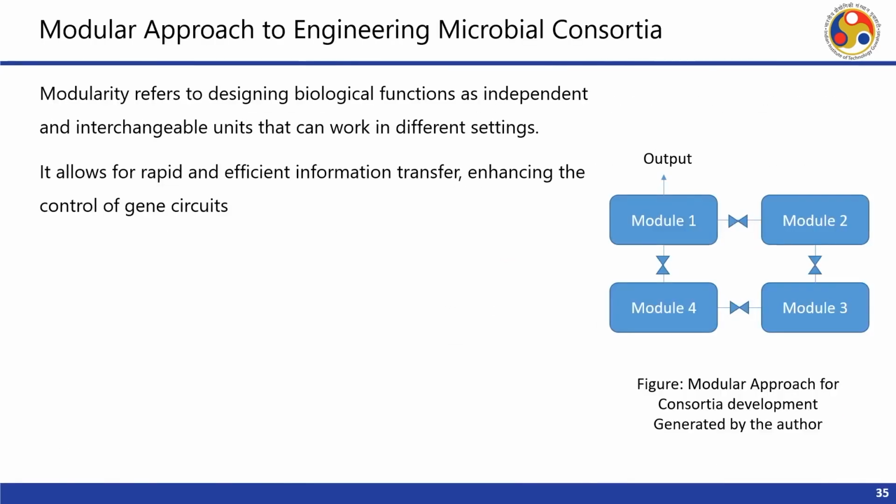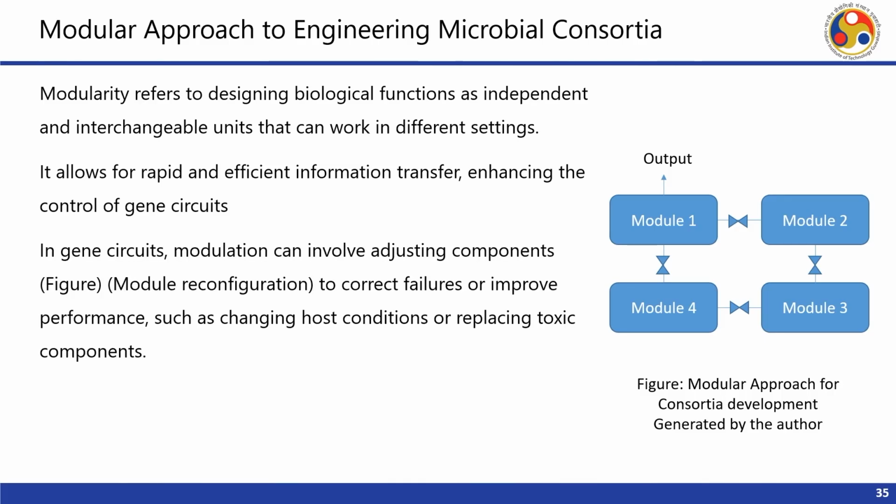What is the modular approach to engineering microbial consortia? Modularity refers to designing biological functions as independent and interchangeable units that can work in different settings. It allows for rapid and efficient information transfer, enhancing the control of circuits. In gene circuits, modulation can involve adjusting components.